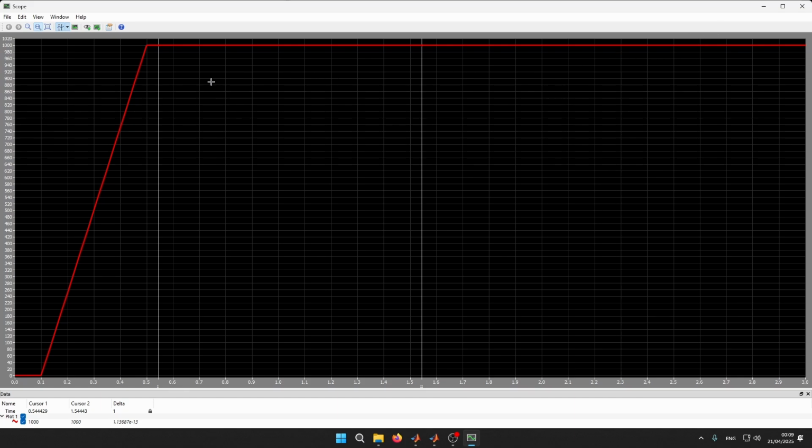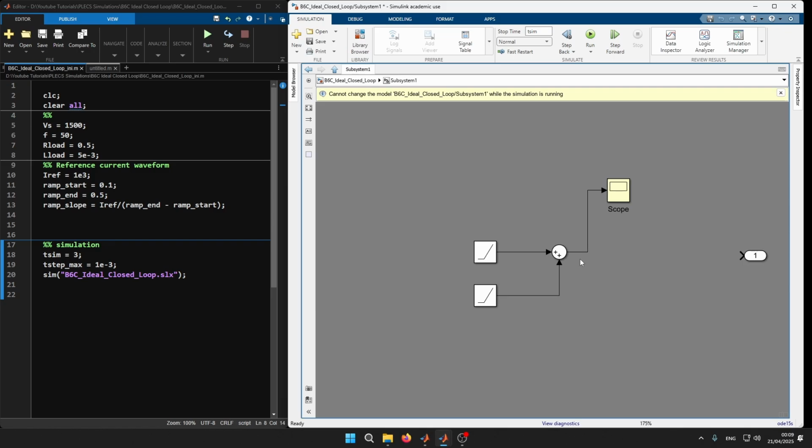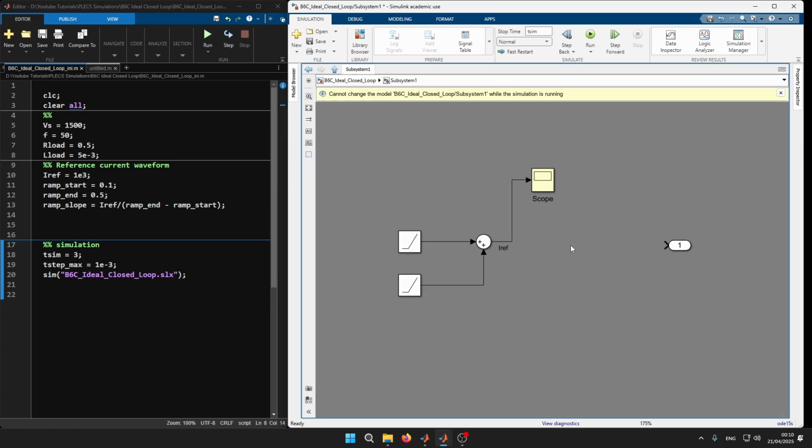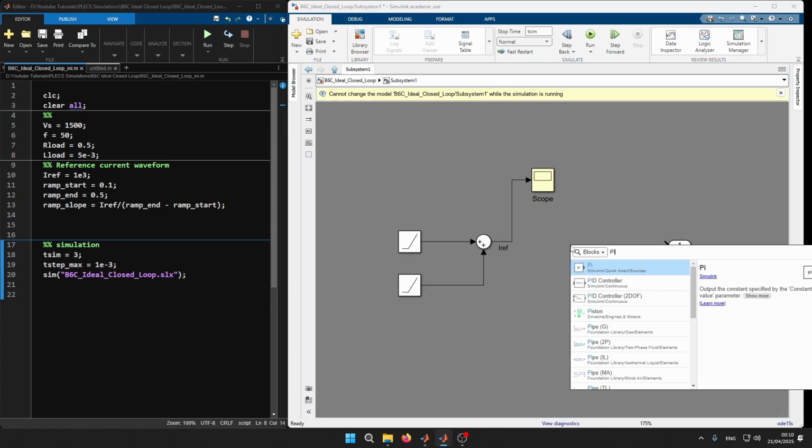So proceed on. Let's build that PID controller so that our generated current on the DC side tracks this curve. So this I would name as IREF, and I'll take a PID controller.